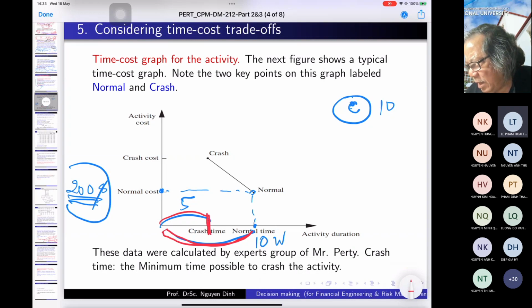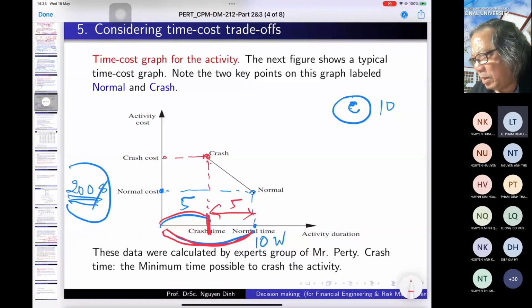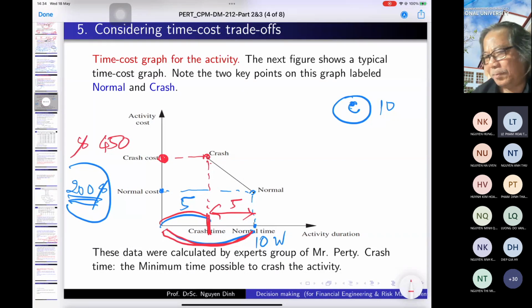So in this case, how many weeks do you reduce? 5 weeks. Okay. And what is the money? If you reduce it to 5 weeks, then what is the crash cost? That means the total cost for you to reduce to 5 weeks is, for example, $450. And then how can we calculate?